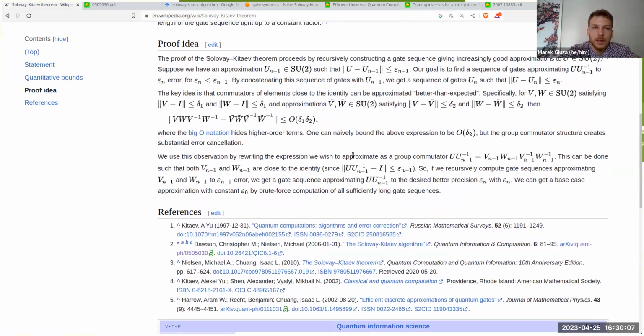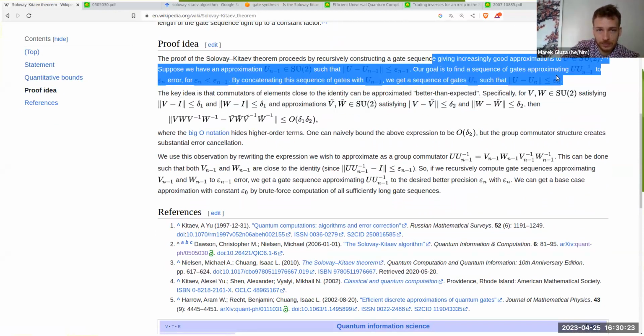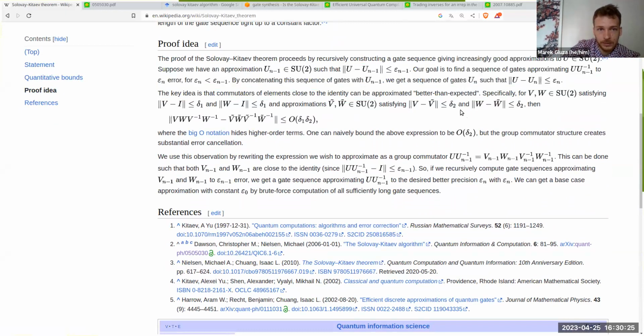Okay, so we go. So there's one thing where I will need to write, but the point is of giving increasingly good approximations to you. And there's a little bit of convoluted discussion that I want to skip, what that means here, but I want to show you the relevant formula. So let's say I have already two operations, V and W, and they are in this SU(2) here.